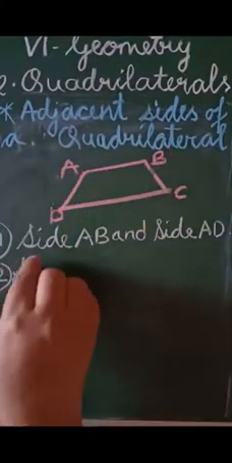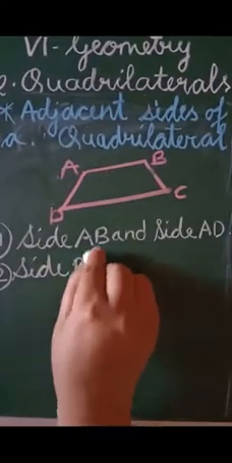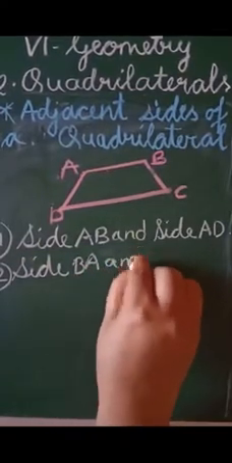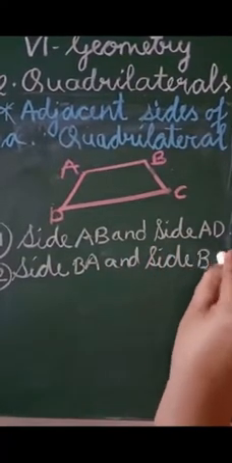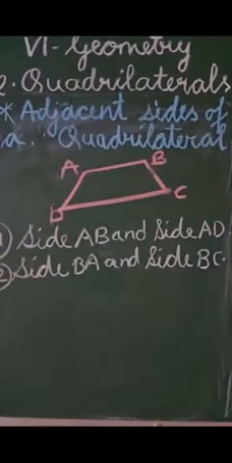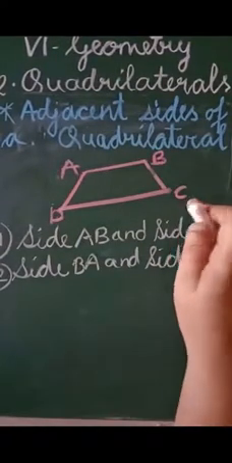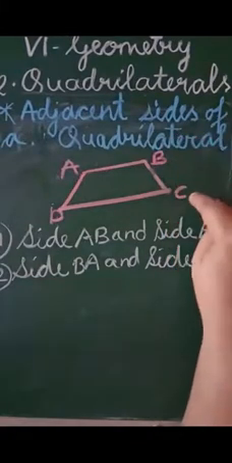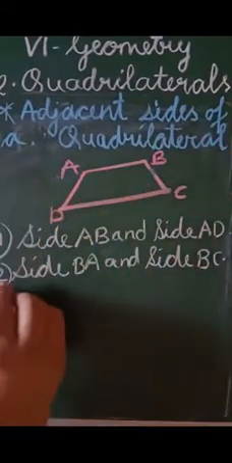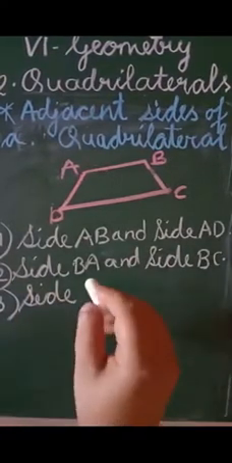So this is the second pair. The third pair is from C. Two sides, side CB and side CD. So we are having the third pair, side CB and side CD.